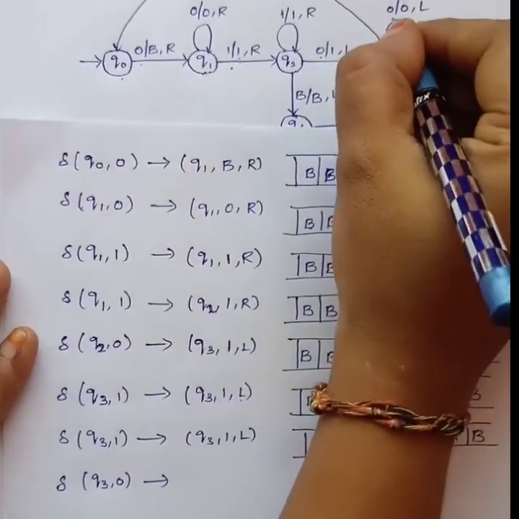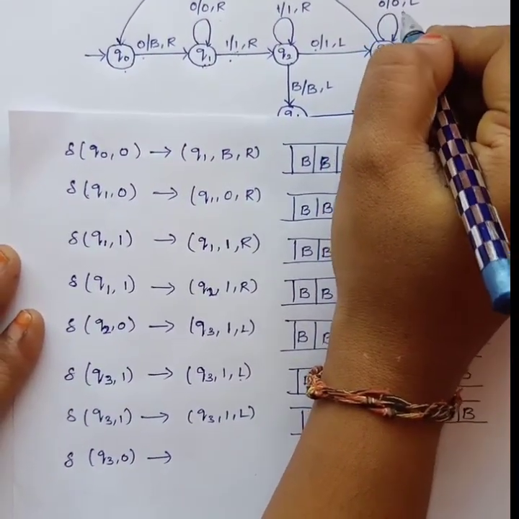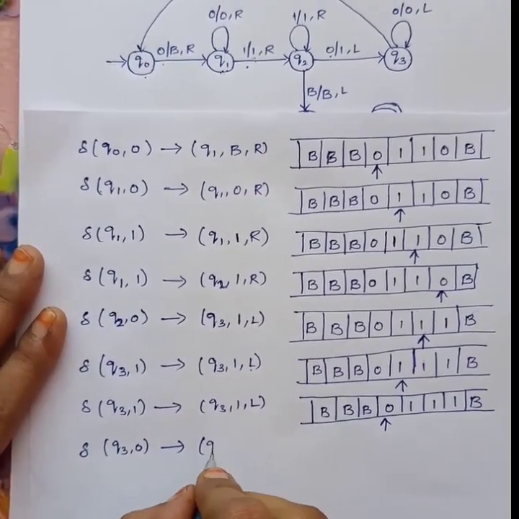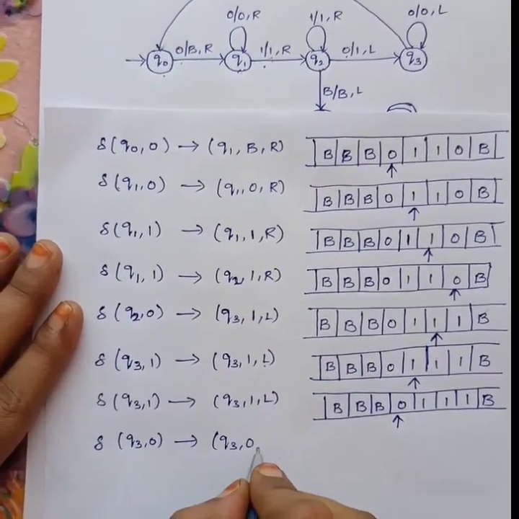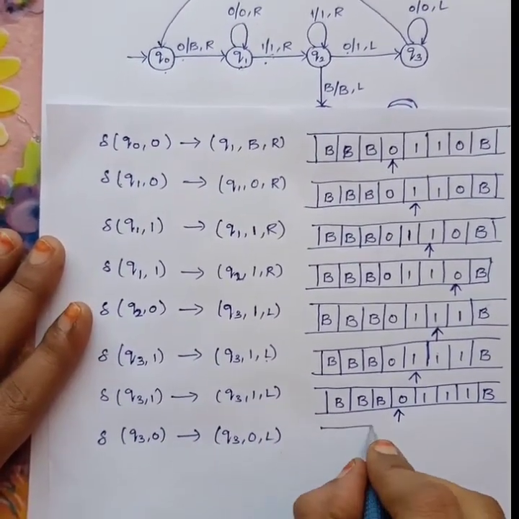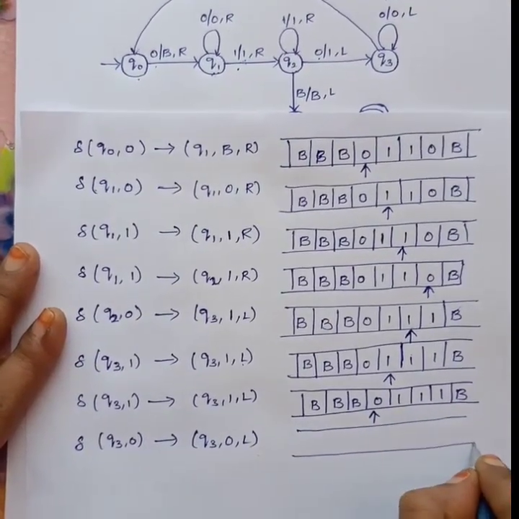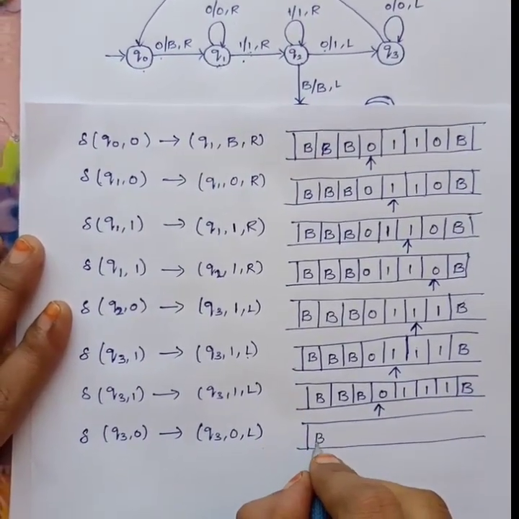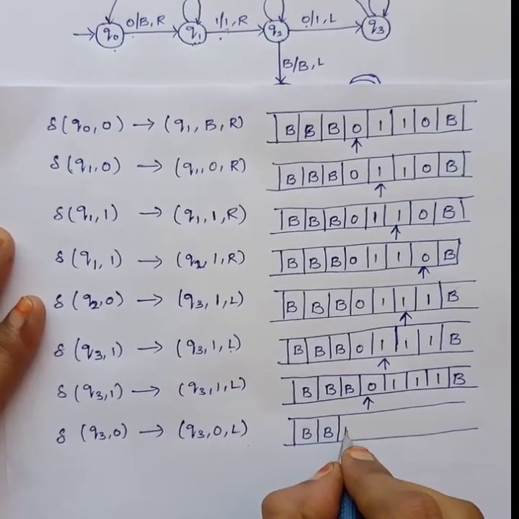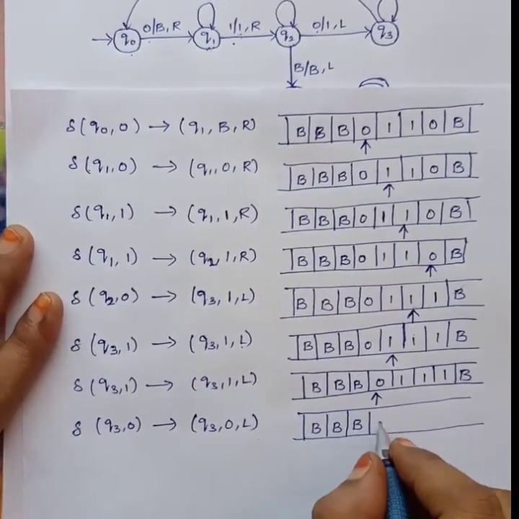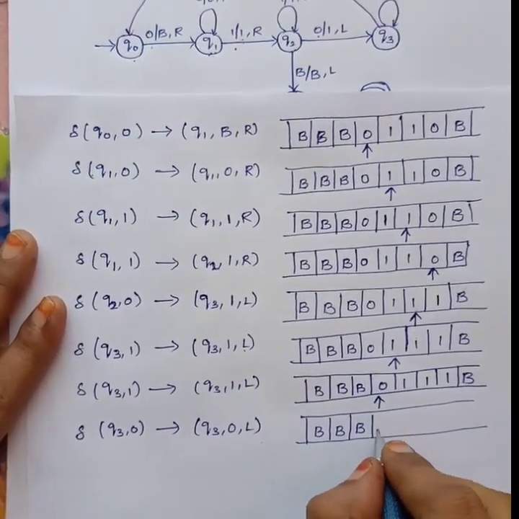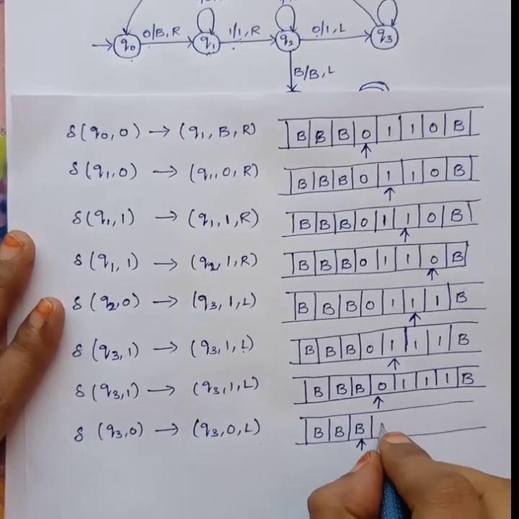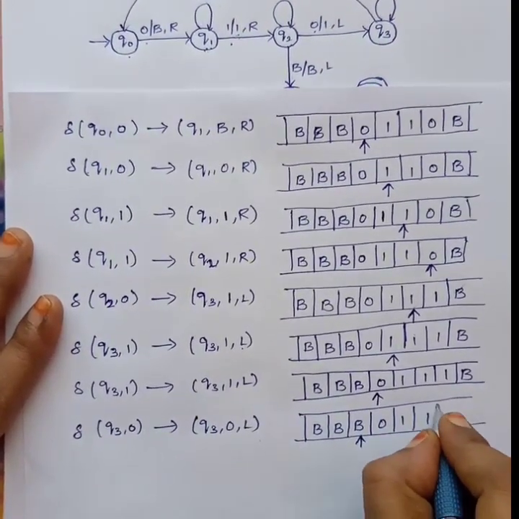Already we have seen this transition. Getting 0 means 0 is written as 0. The same state, 0 is written as 0 and moving to left. So 0 is written as same.